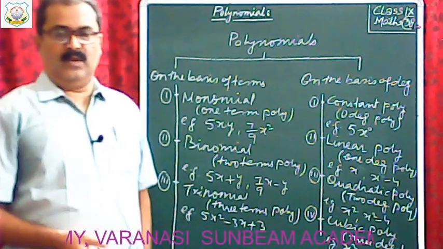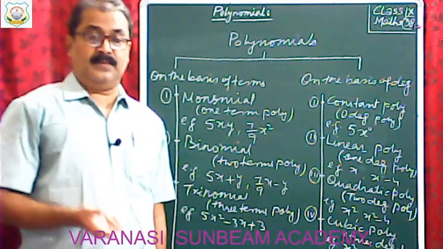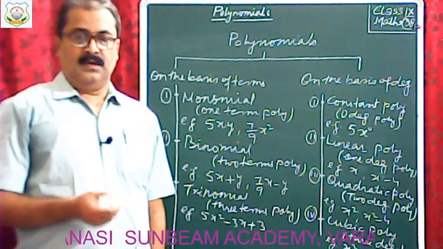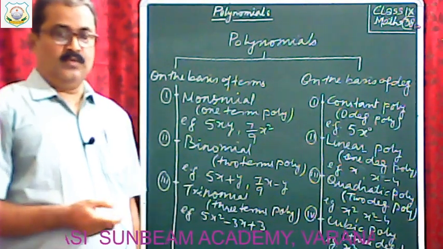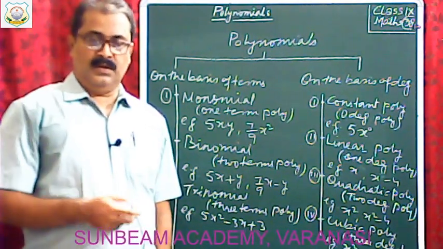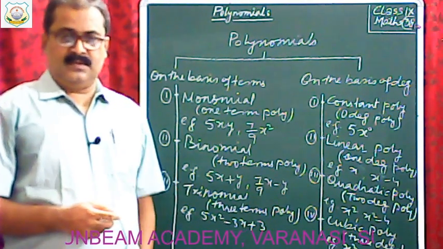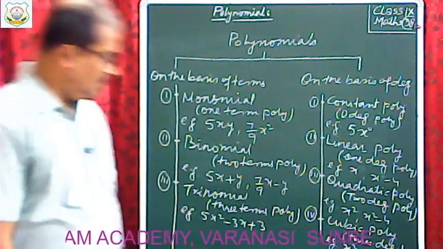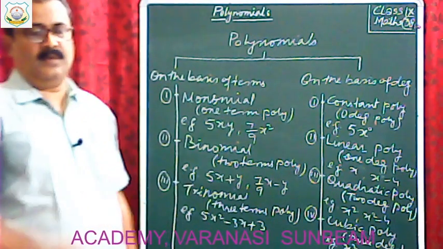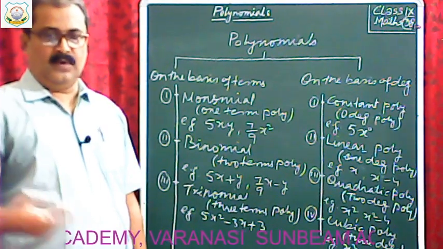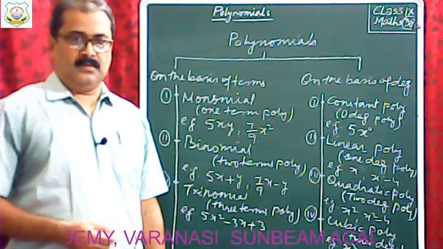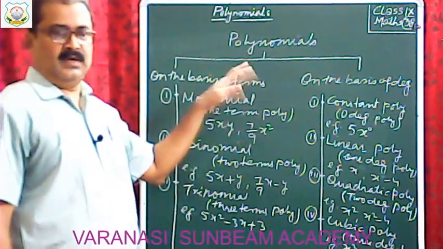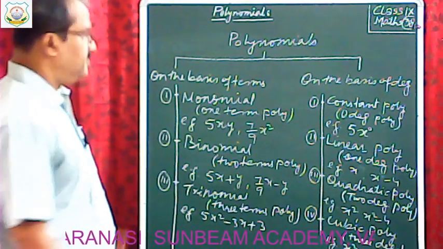So constant polynomial means the degree of the polynomial is 0, linear means 1, quadratic means 2, cubic means 3, biquadratic means 4. In this way the classification is given. After 4 degree you have to write 5 degree polynomial, 6 degree polynomial, whatever. Nomenclature is not given. Clear? So on the basis of terms and on the basis of degree, we can classify the polynomials.